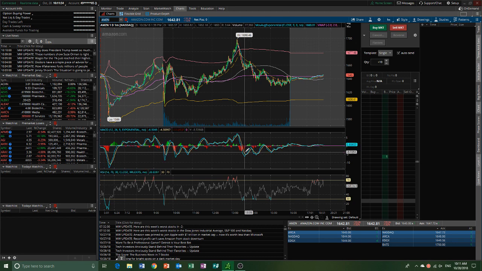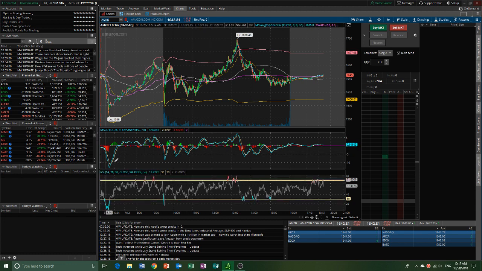So as you can see, we started moving back up and we came back over, and now this light green is that we're showing very good potential, and we're coming up, and then this darker green shows that we're starting to sell off a little bit and getting a little bit overbought. So that's basically the MACD, but that's going to show you whether a stock is going to be strong or weak.